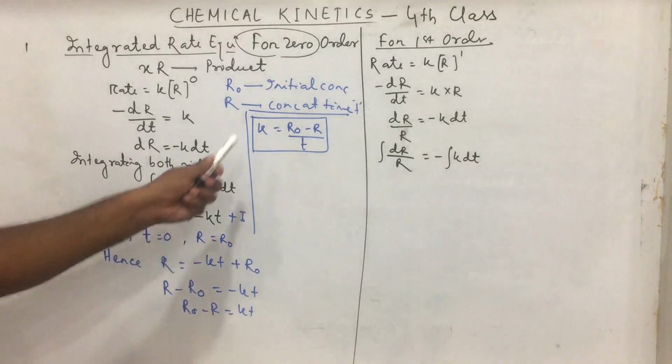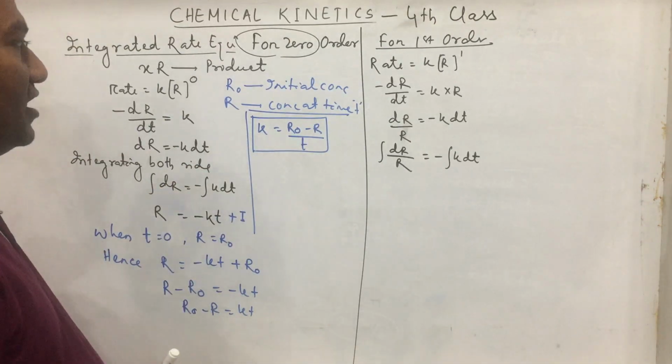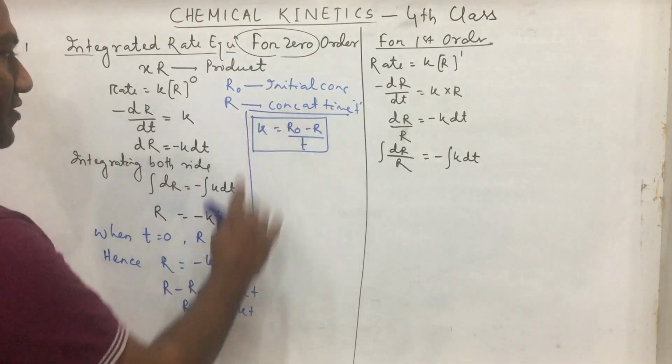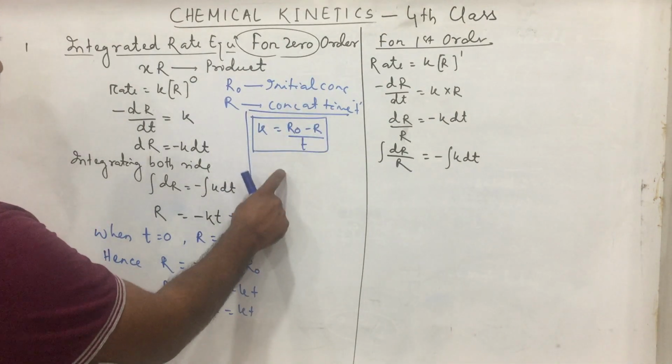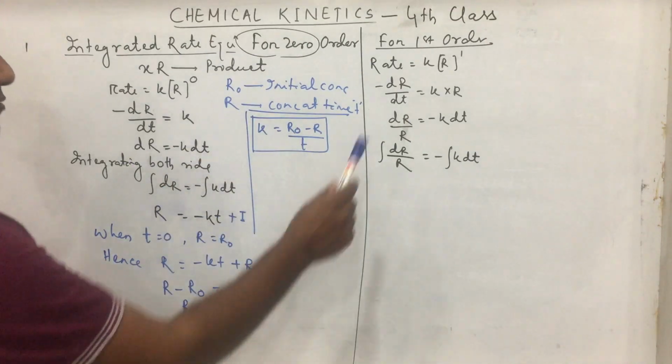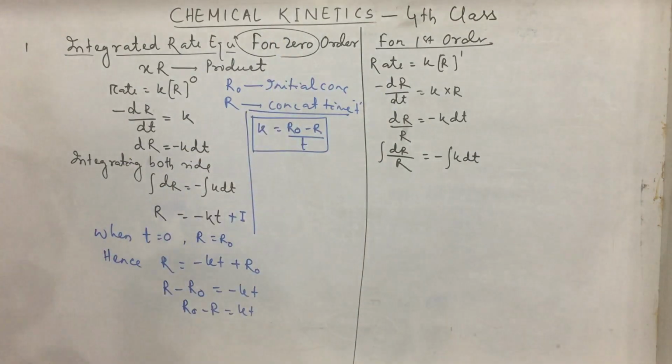Clear. So K is rate constant, R naught is the initial concentration, R is the concentration at time t, and t is the time. This is the integrated rate equation for which order? Zero order.